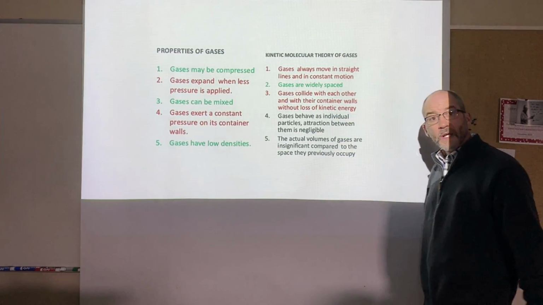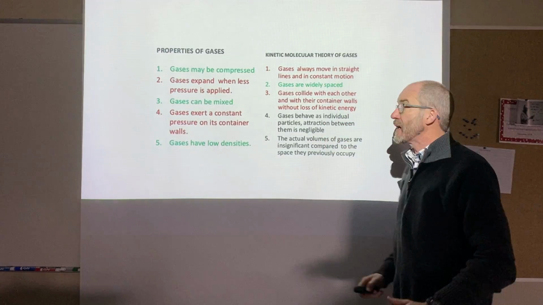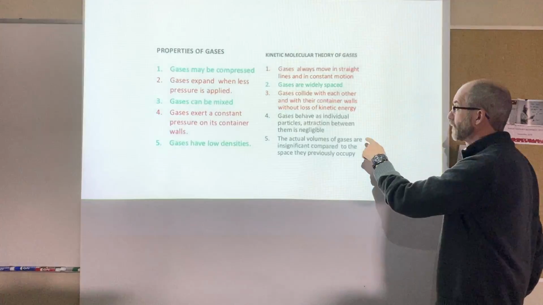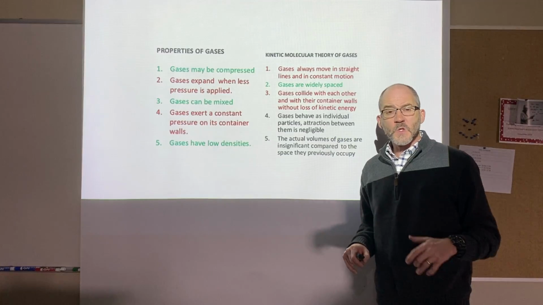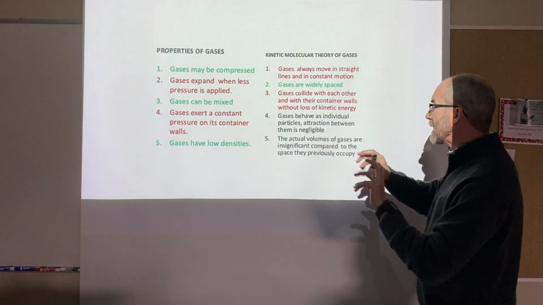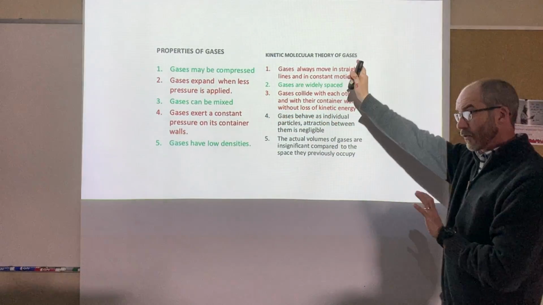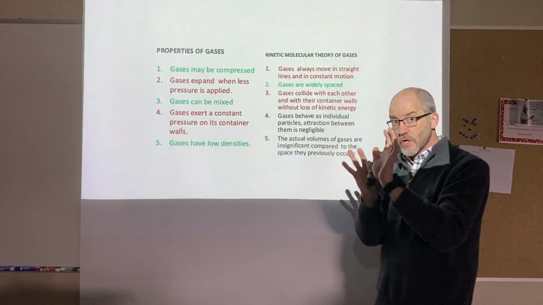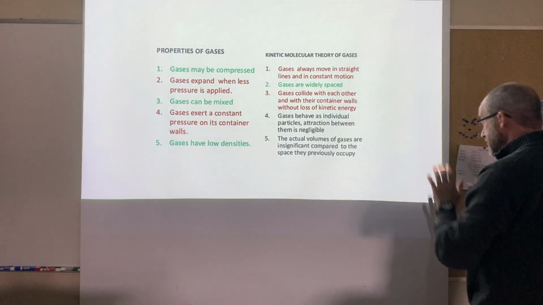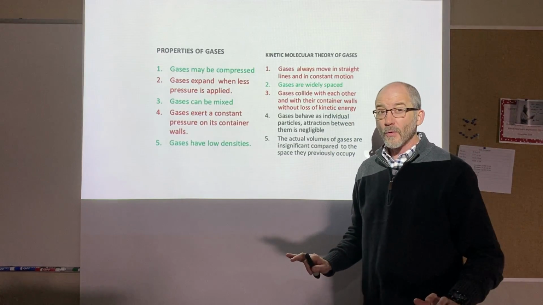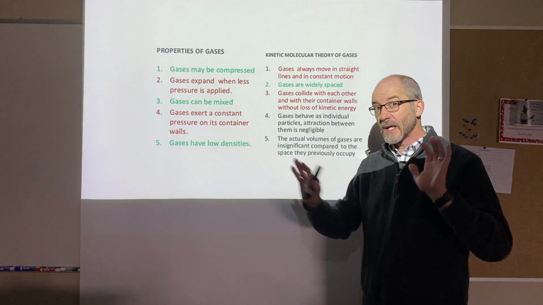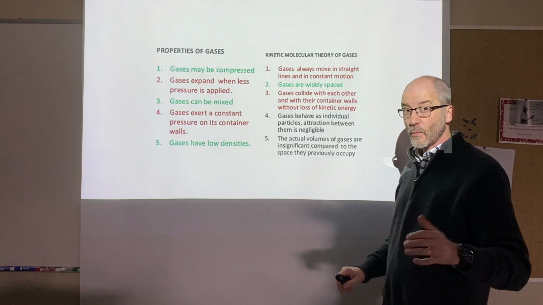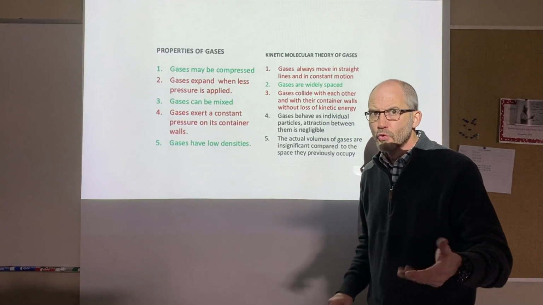Number 2, we consider gases to be widely spaced. Well, we've already covered that. Number 3, we consider that gases collide with each other, so molecules could hit each other, and they can also hit their container walls without really losing their kinetic energy. Okay, what keeps a balloon inflated?